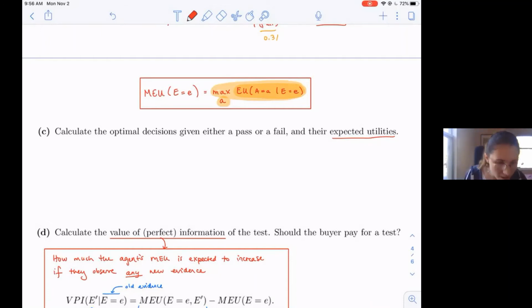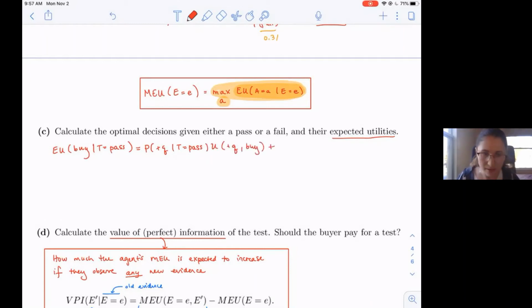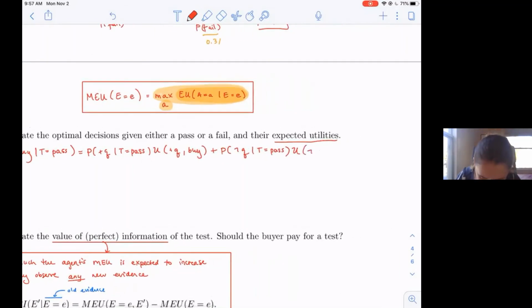So the expected utility of choosing the action to buy, given that I passed, is the probability of plus Q given T equals pass times the utility of plus Q and buying, plus P of the car not being high quality given that I passed the test times the utility of the car not being in good quality and I also buy.